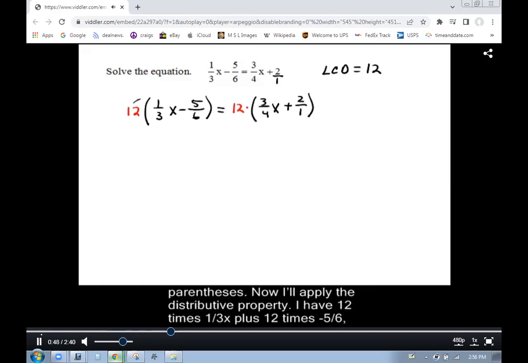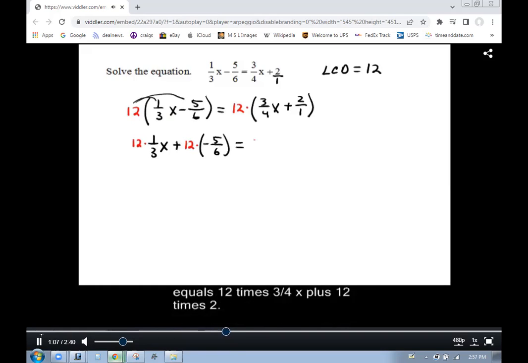Now I'll apply the distributive property. I have 12 times 1/3 x plus 12 times negative 5/6 equals 12 times 3/4 x plus 12 times 2.